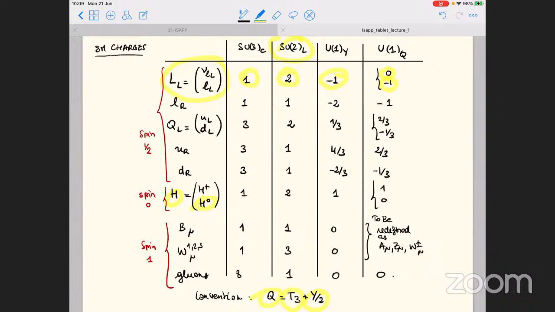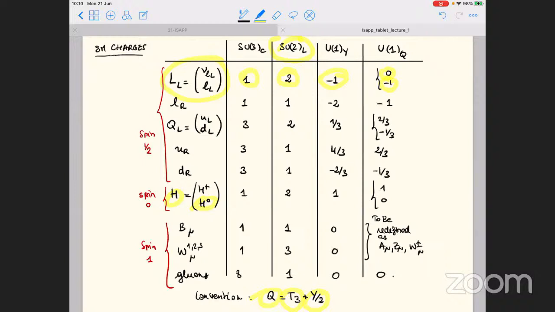In order to construct Lagrangians that are invariant under the total gauge group, you essentially have to fix all these charges and construct everything that goes on with these symmetries.